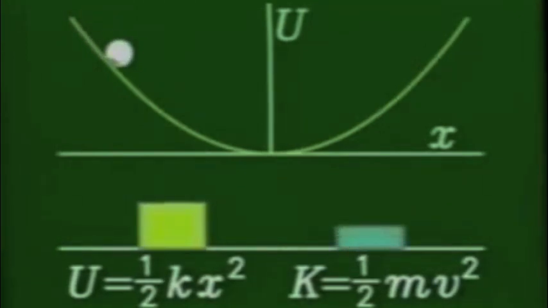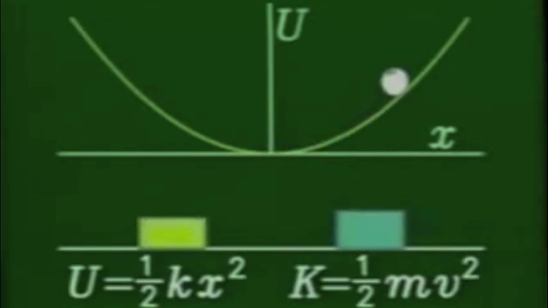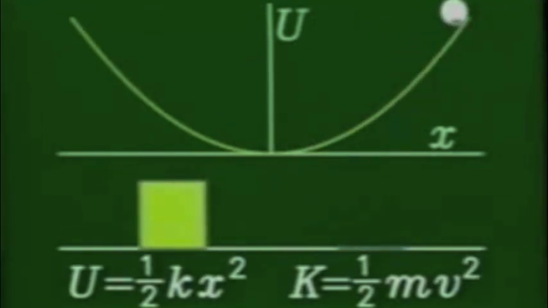The ball starts out with some potential energy. As it rolls toward the bottom, the potential energy changes to kinetic energy. As it rolls up the other side, the kinetic energy changes back into potential energy.